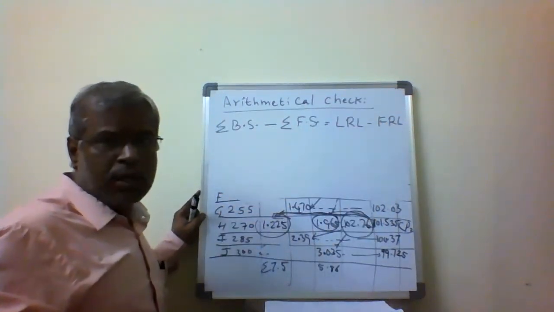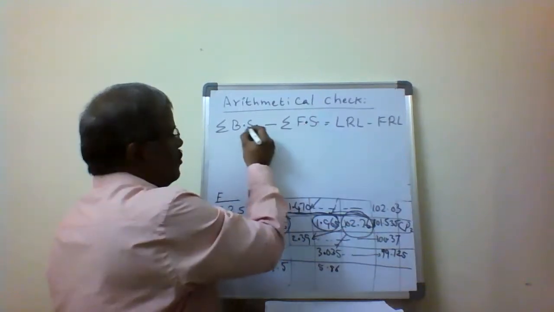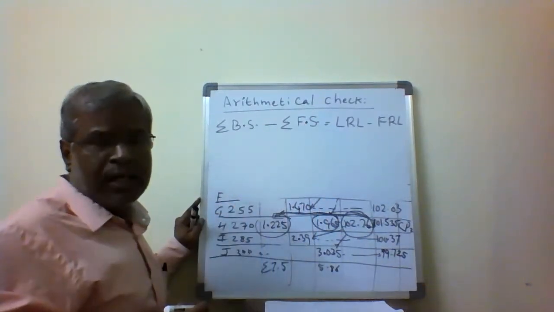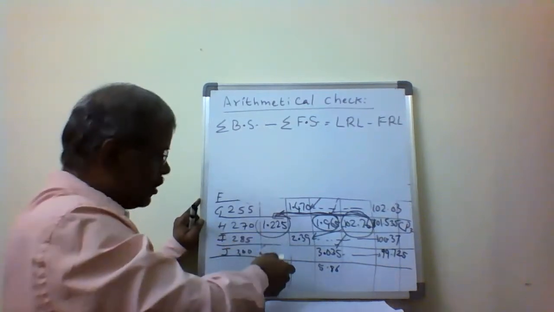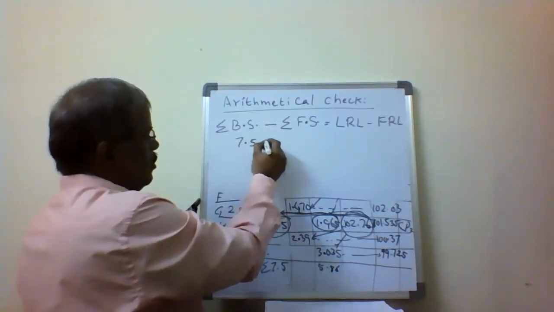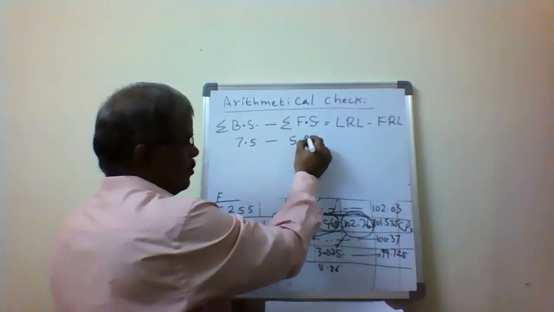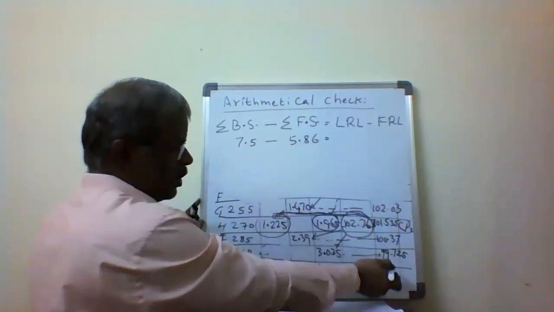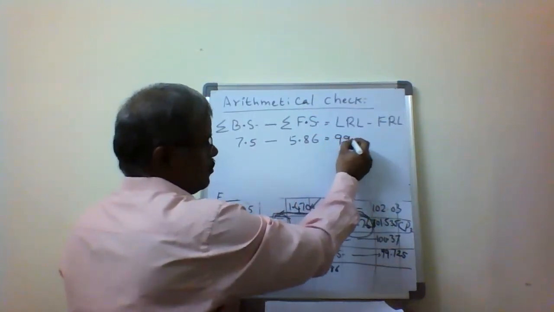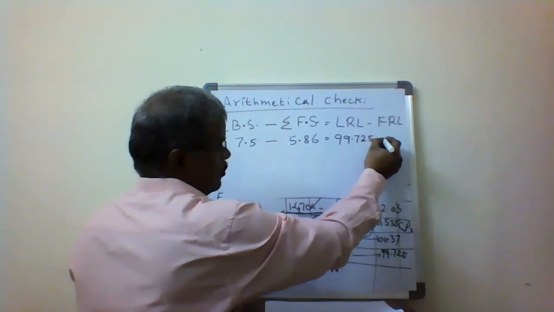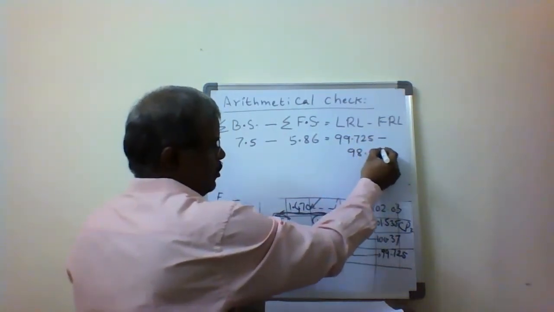So this is the check: the summation of all the backsights minus the summation of all the foresights equals the last reduced level minus the first reduced level. Sigma BS we already calculated, 7.5, minus foresights 5.86, equals the last RL we calculated, 99.725, minus the first RL, 98.085.